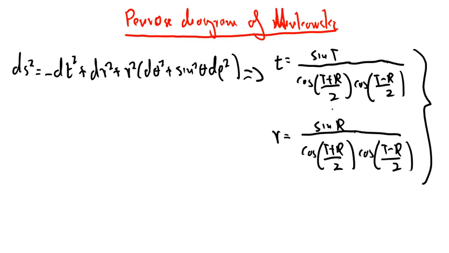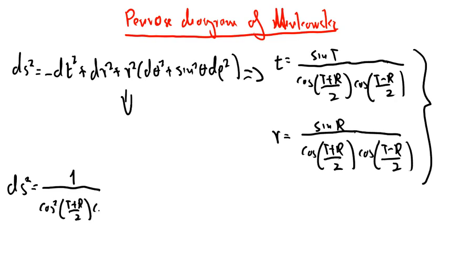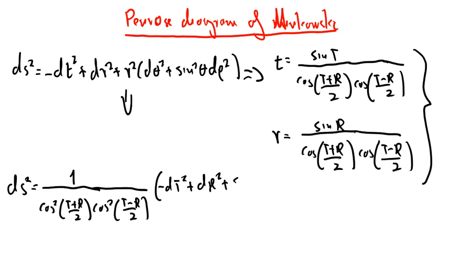So if we perform this transformation on the metric, then what we get after some manipulations is the following, where now I am using the notation d omega squared to represent the spherically symmetric part.